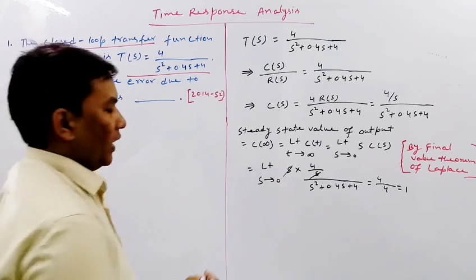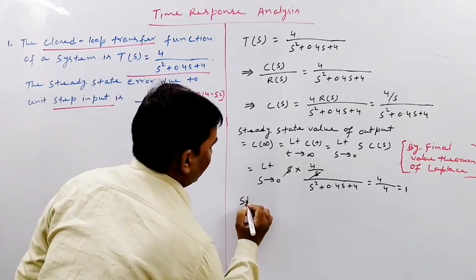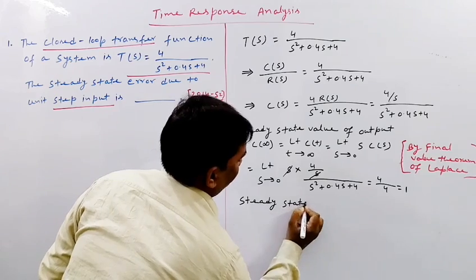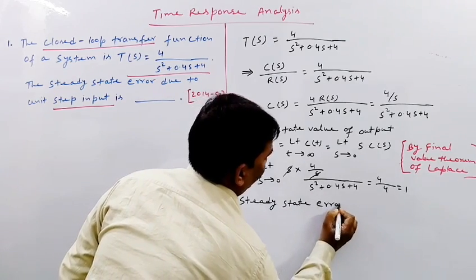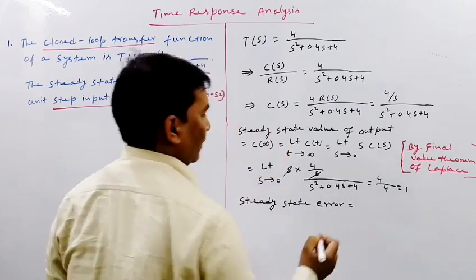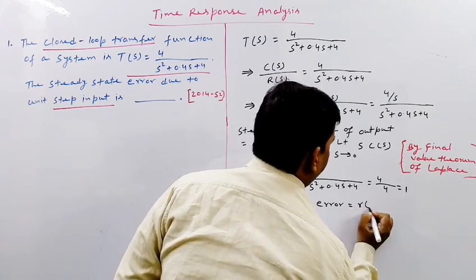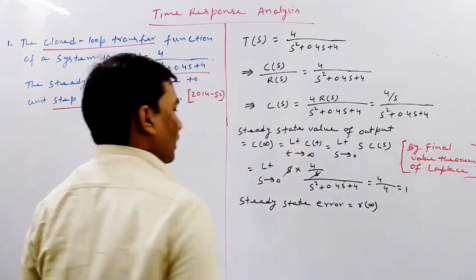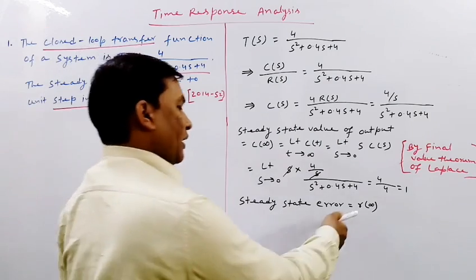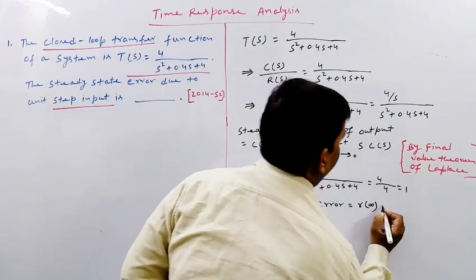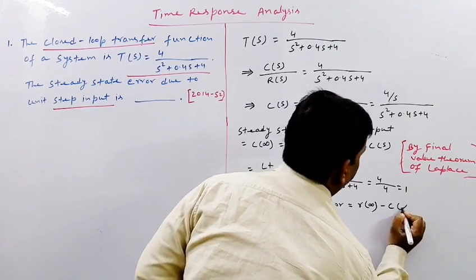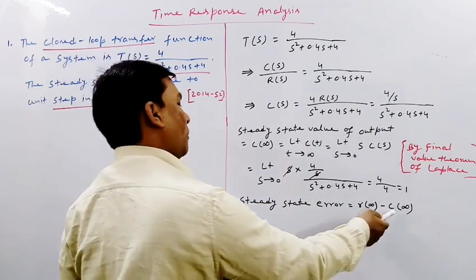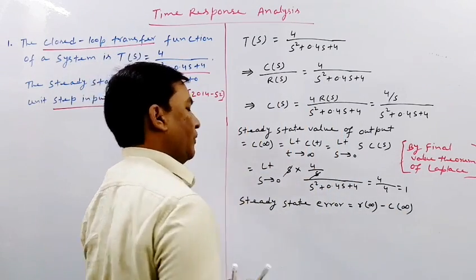Now a steady state error will be nothing but R(t), or you can say R infinity, means the value of input at t equal to infinity, minus C infinity, the value of output at t equal to infinity.